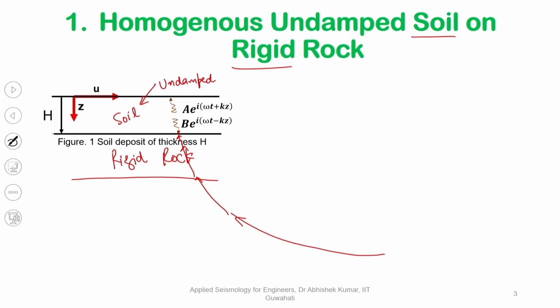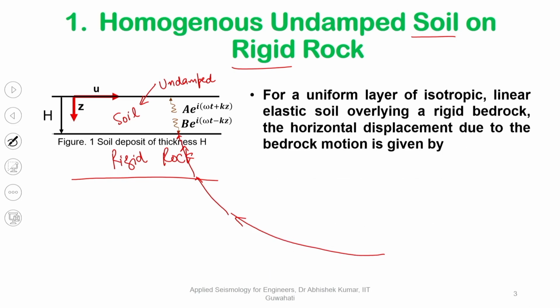Now, if we recollect the equation of motion, right now we are discussing a uniform layer of isotropic linear elastic soil. If you remember the discussion with respect to KV solid, the material is undamped.